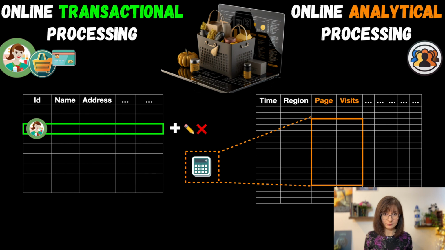All in all, OLTP and OLAP, as you can see, serve different scenarios and also approach the data from different perspectives. And these differences naturally affect how data storage and data processing are designed in OLTP and OLAP solutions.